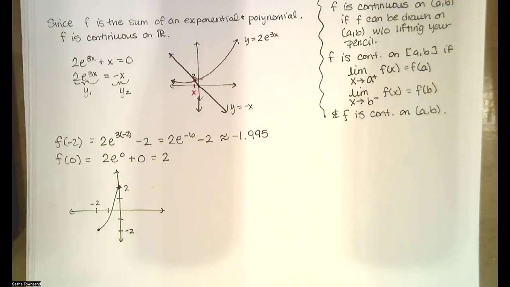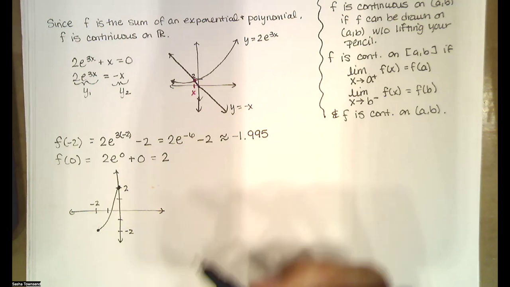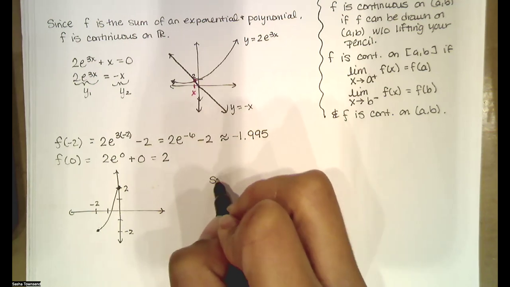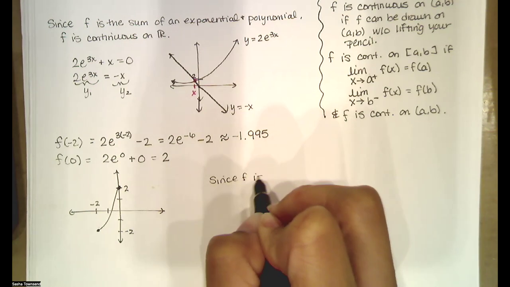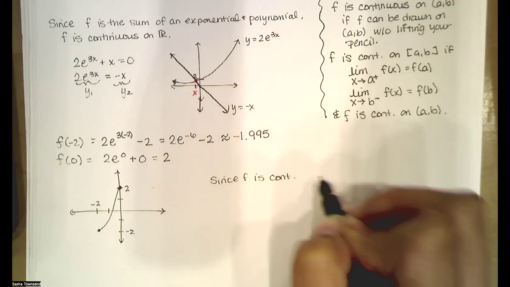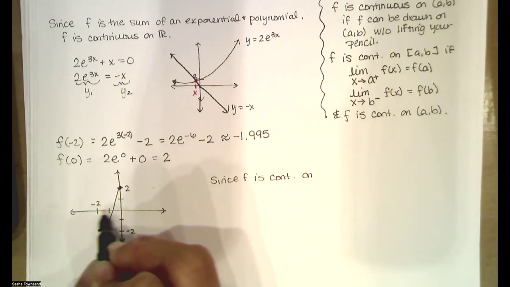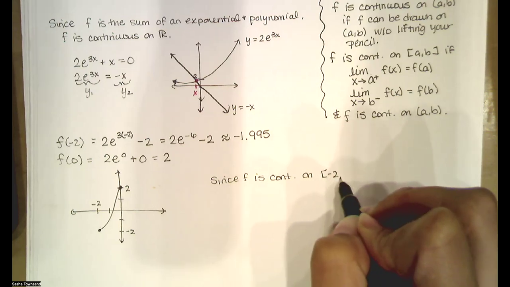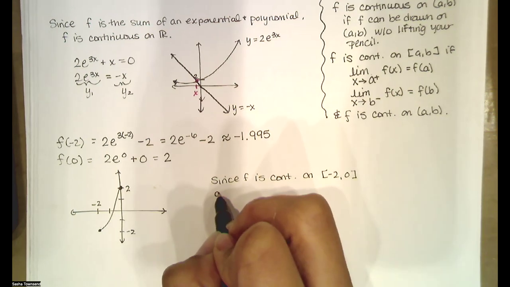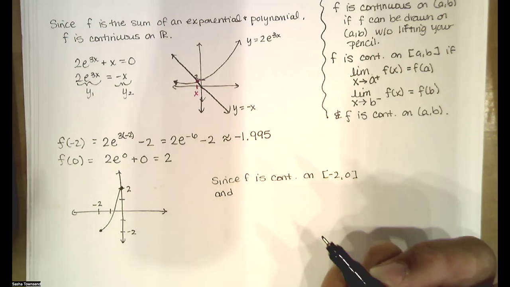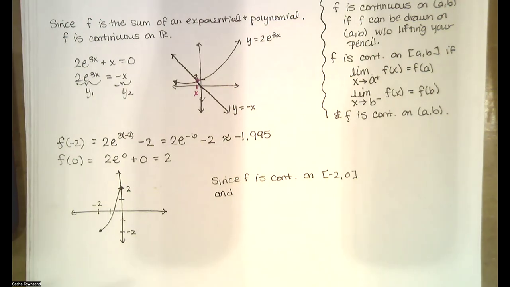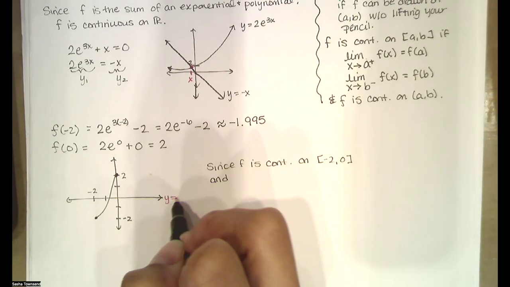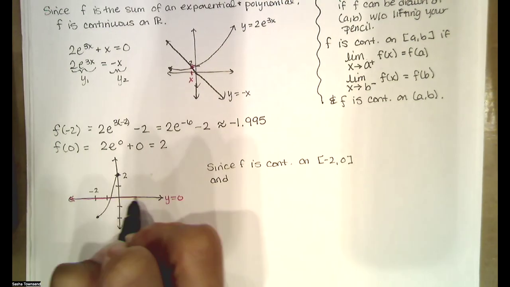Now we have enough information to use the theorem to prove that f of x equals 0 has a solution. So we'll say since f is continuous on the interval that we just came up with, negative 2 to 0, and our k value is 0. So y equals 0 is just the x-axis.